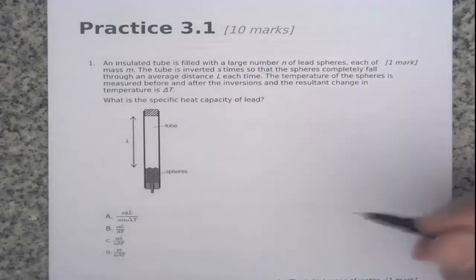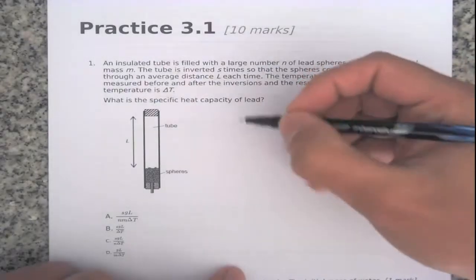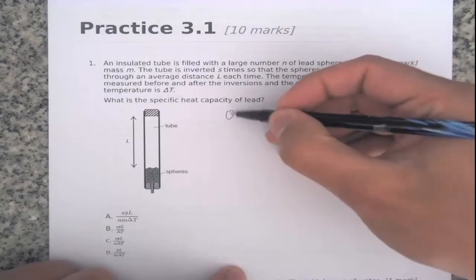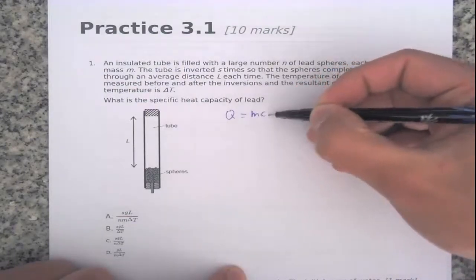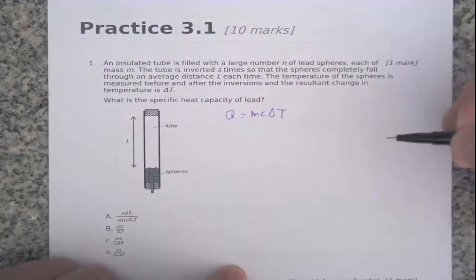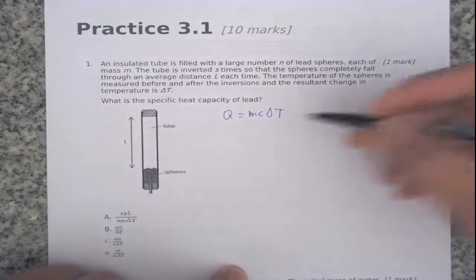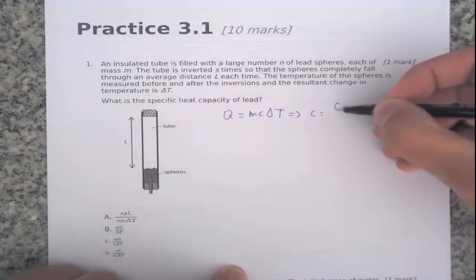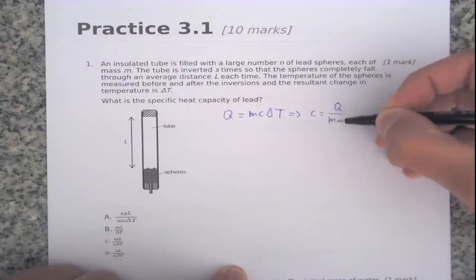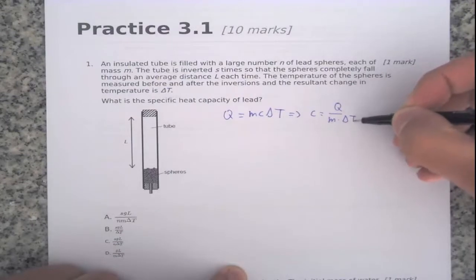So what we have to do here is to solve for the specific heat capacity. We're going to use the formula for the thermal energy transfer. So we want to solve this one for C. So C will be Q over the mass times the change in temperature.